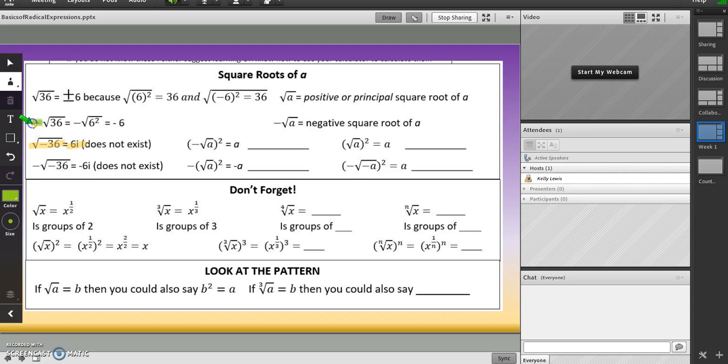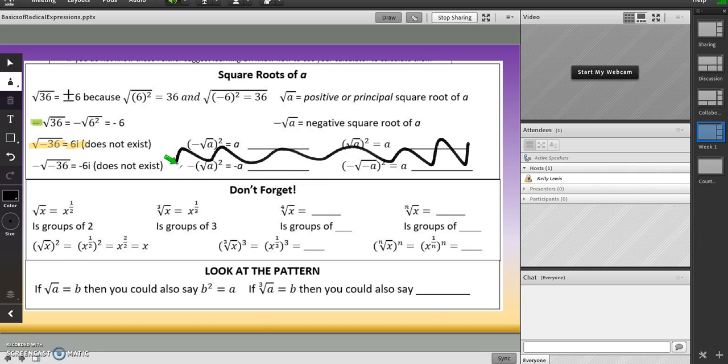It just sits on the outside, and we take the square root of 36, which is 6, and then we have that negative there. I want to get to the basics. Don't worry about all that.